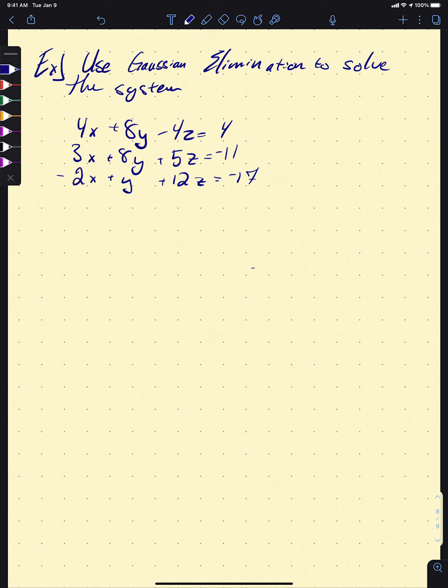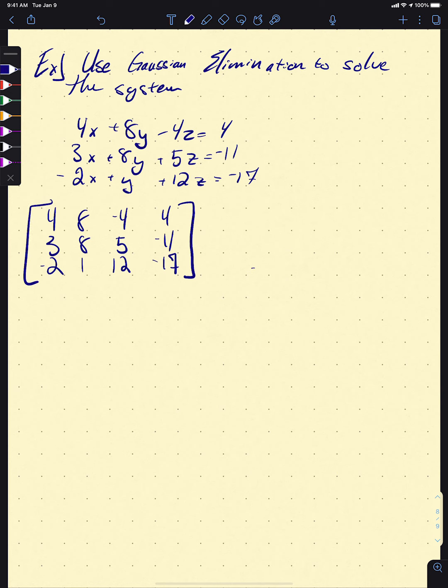Okay. So the first thing that we're going to do is compile these into our augmented matrix, right? So we have our coefficients, 4, 8, -4, -4, 3, 8, 5, -11, 2, 1, 12, and -17.